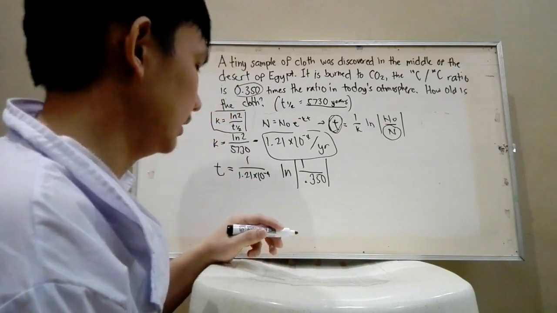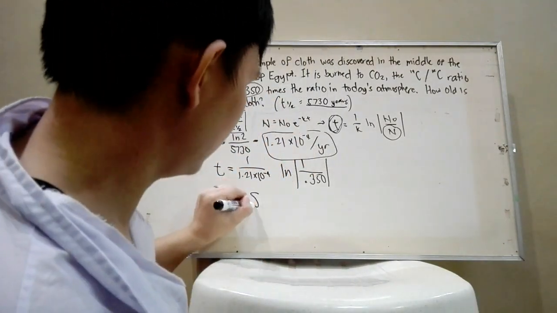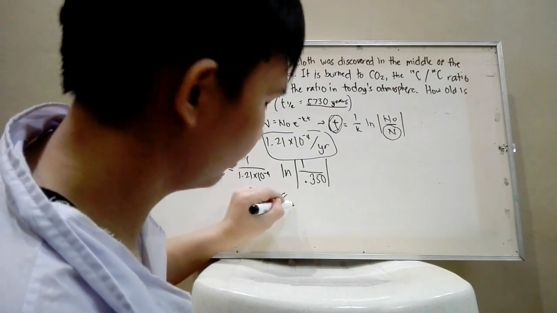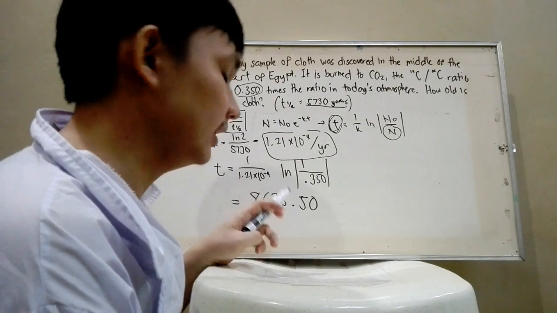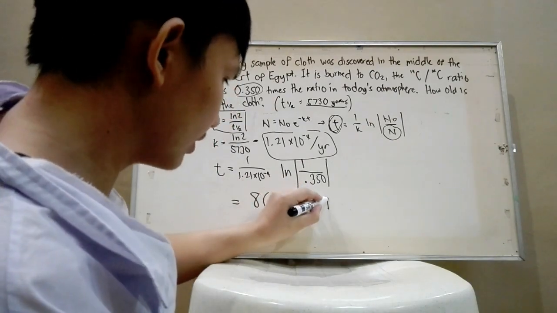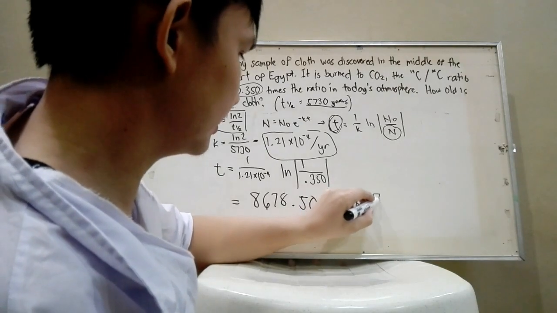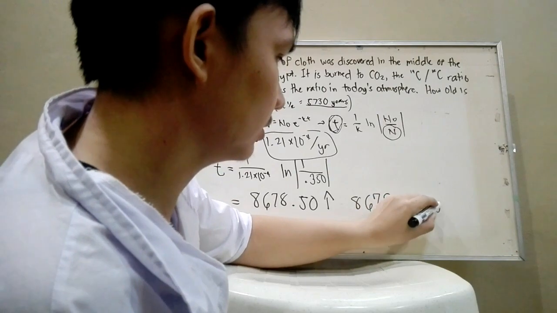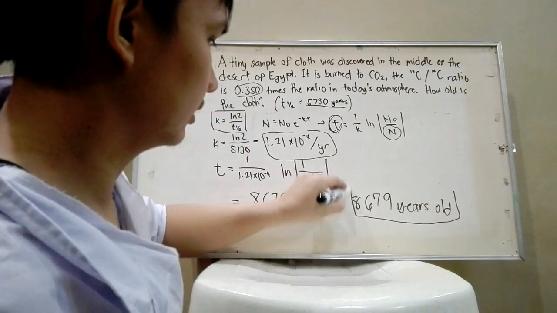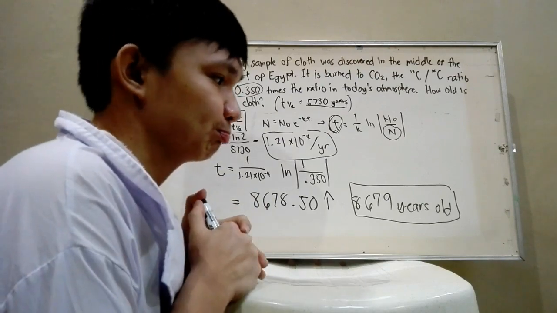So just plug in these numbers in your calculator, and you will get 8,678.50. And since it is in years, we have to round up the number. So 8,679 years old. So this is the answer for this problem.